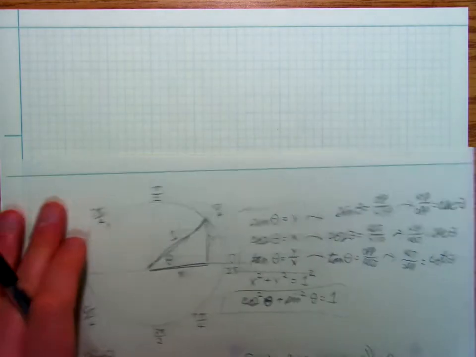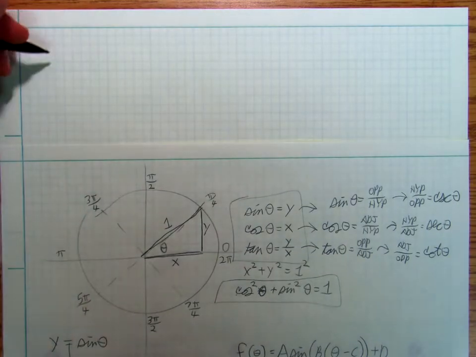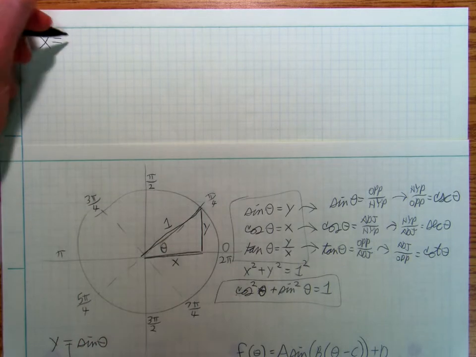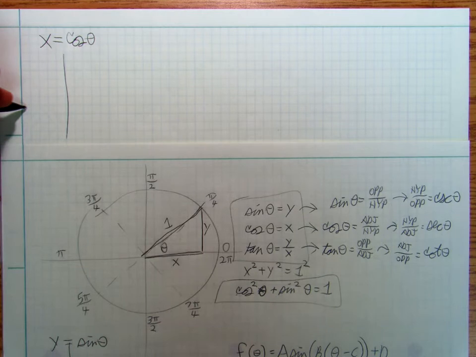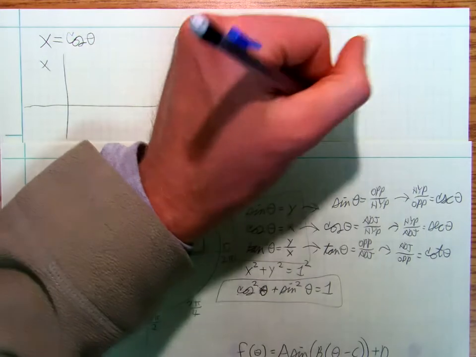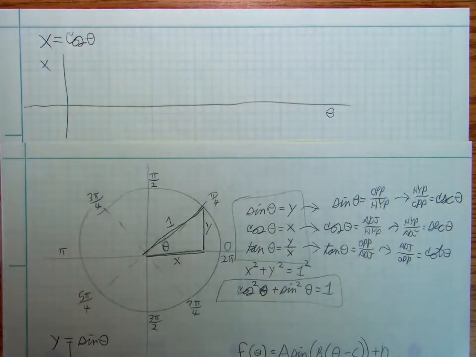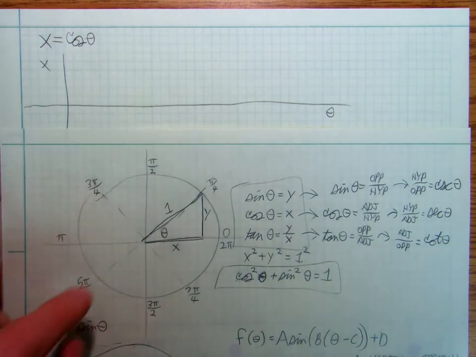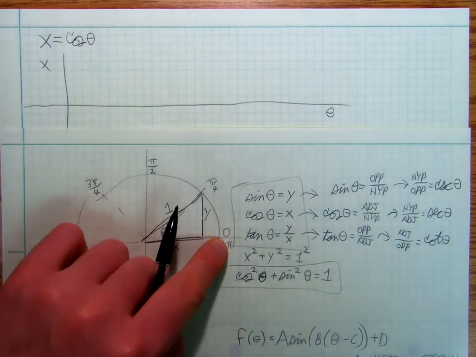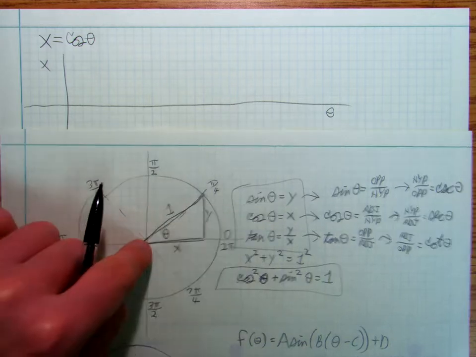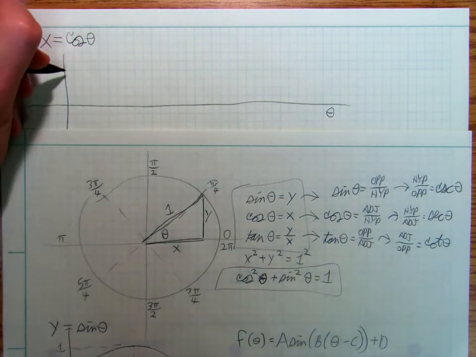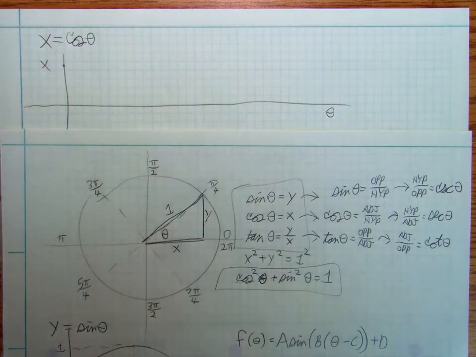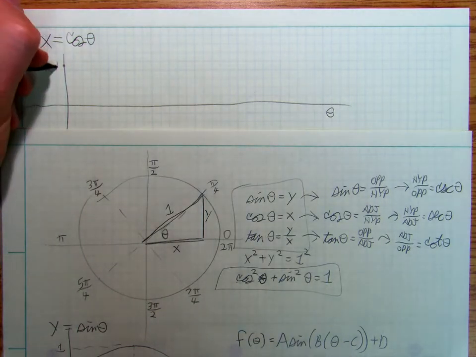Now, let's do x equals cosine theta. So now, this is my x-axis, this is my theta axis. Here, when I start at 0, how far am I in the x direction? I'm 1 in the x direction. So cosine theta is going to start at 1.